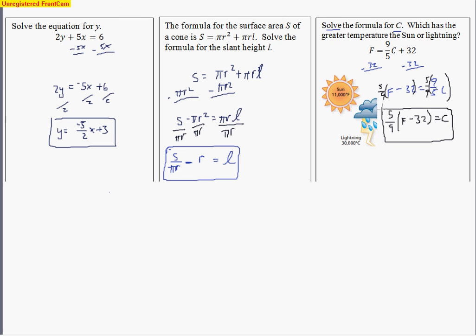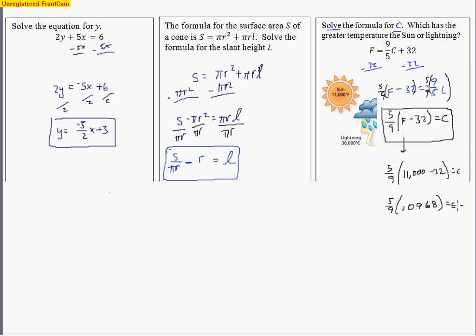The next part is to figure out which is the warmer temperature, the sun or lightning. So I'm going to take the sun's temperature and put it in place of F. And so 5/9 times 11,000 minus 32 equals C. So I go ahead and do that subtraction. I end up with 10,968.